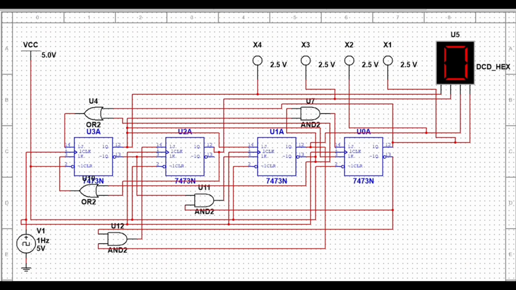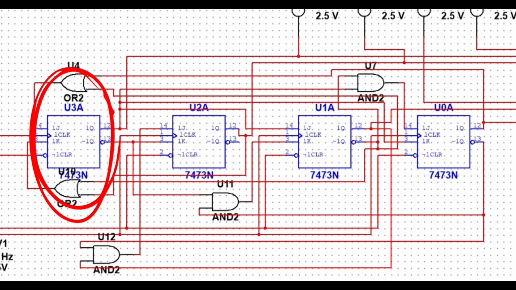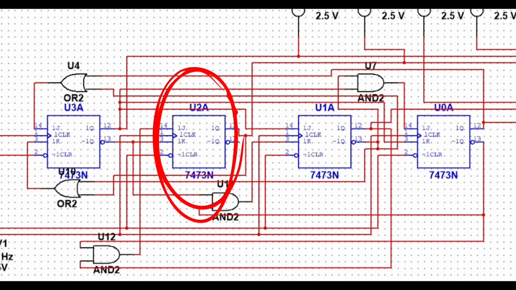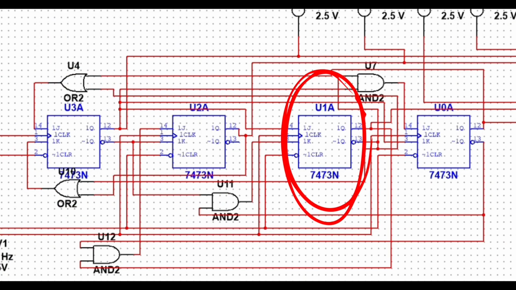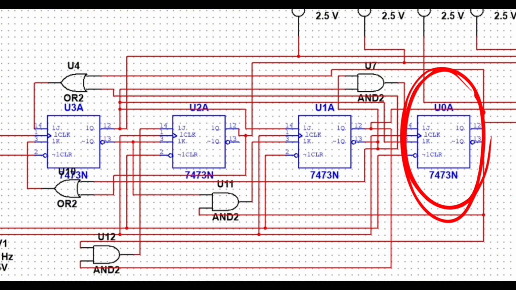The components used in the circuit for IC 7473 are JK flip-flop, VCC, ground, a clock voltage source, a hexadecimal display, which is DCD hex, a probe to observe the output signal, and we have 2 OR gates and 3 AND gates. For the ICs, the first is J3 and K3, the second is J2 K2, the third is J1 K1, the fourth is J0 K0.